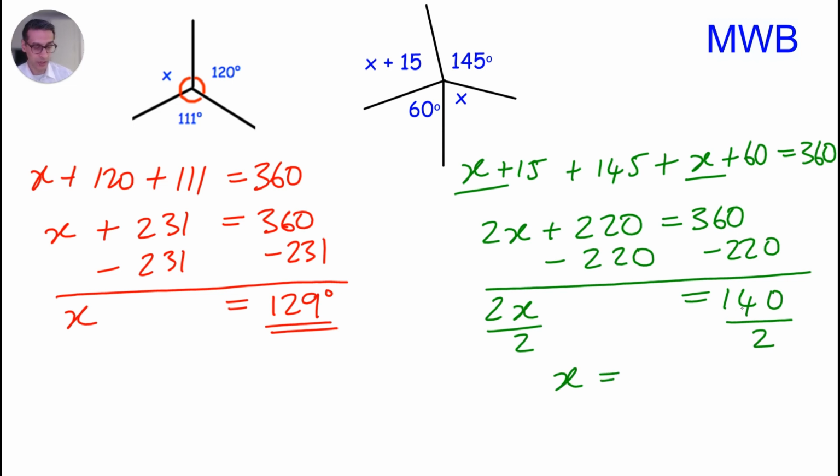So x equals 140 divided by 2, which is 70 degrees. Now, sometimes a question may ask you to work out both angles, in which case we know that this has to be 70 and this has to be 70 plus 15, which is 85. So be careful to read the question. If it says give the reasons, then you should also say angles around a point sum to 360.